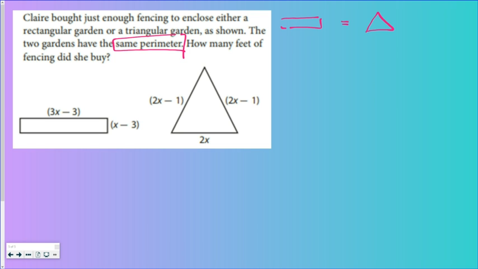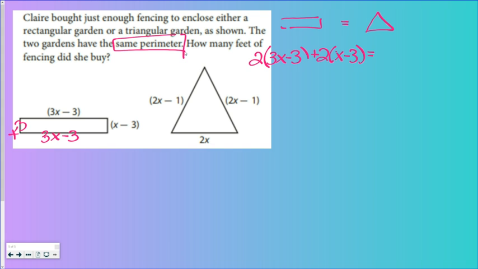So how can I write an equation for the perimeter of the rectangle? So to start, I have two sides that have a length of 3x minus 3. I also have two sides that have a length of x minus 3, for a total of 4 sides.